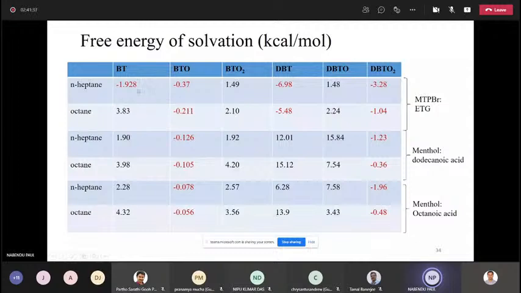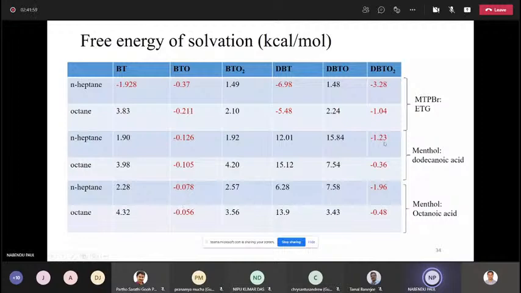So the red values are the negative values, which signifies that it can be favorable. These are the good results. So we found out that the menthol based DES solvents are not that good in case of this extraction or the separation of sulfur compounds.